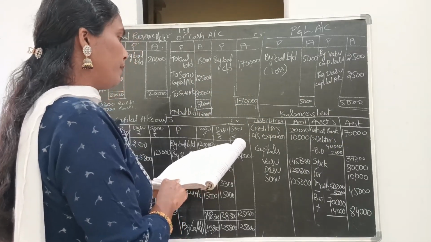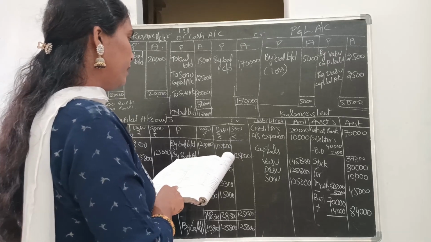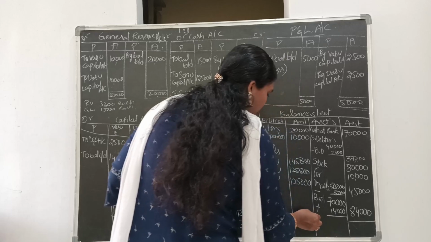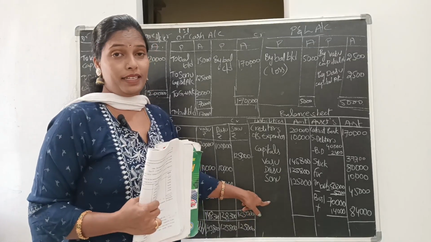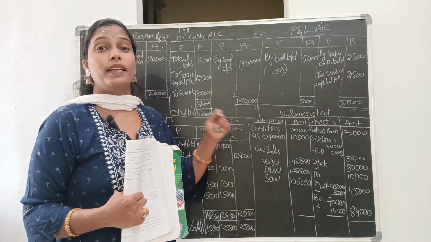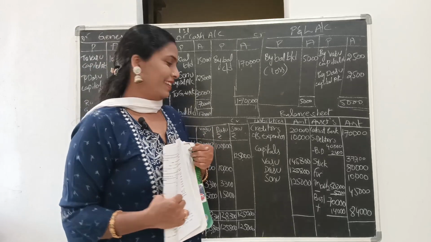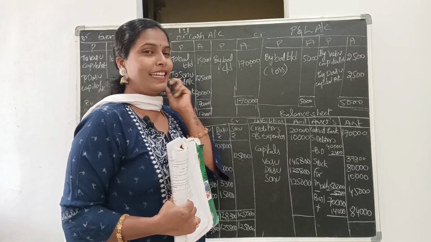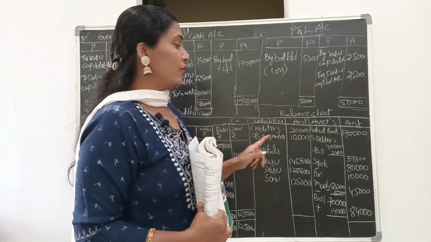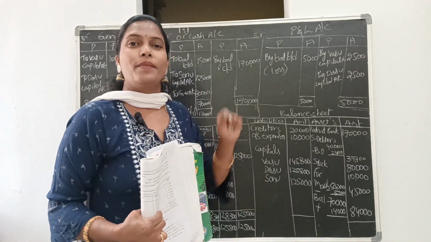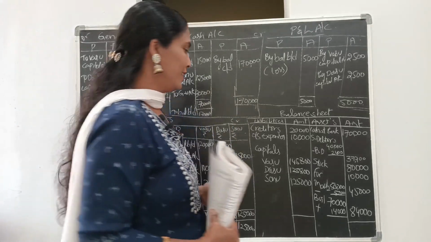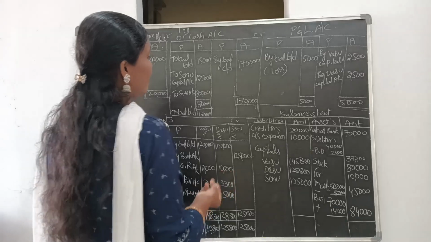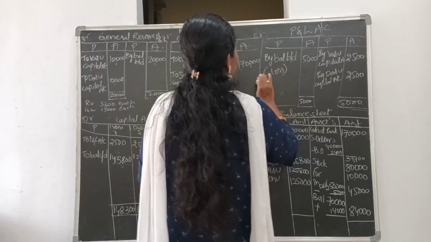Debtors we have posted, machinery, building. Now make the totals. Make the total on both sides, not only the liability side, the liability and asset side, make the total fast and type in the comment box. Now we'll do the calculation.